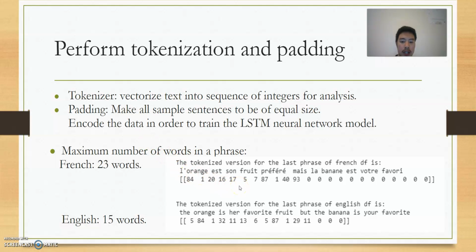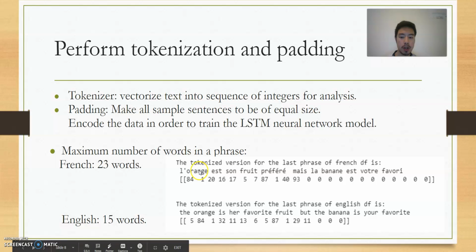Let's look at an example. We have a French phrase and an English phrase. The sentence was transformed into a sequence of numbers. The first numbers are 84, 120, 16, etc. They are the tokens, and the zeros at the end are called paddings.